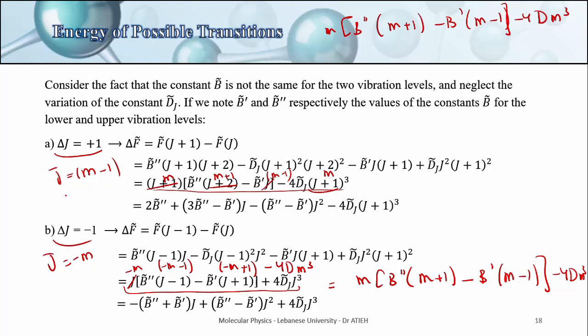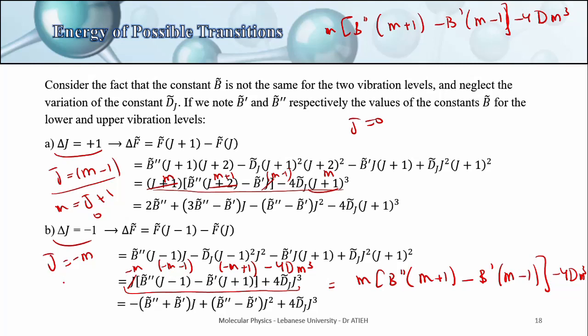Here in the case of R branch, remember that J starts from 0, and that M is equal to J plus 1, so if J starts from 0, M starts from 1. The possible values of M are 1, 2, 3, 4, etc., which correspond to the R branch.